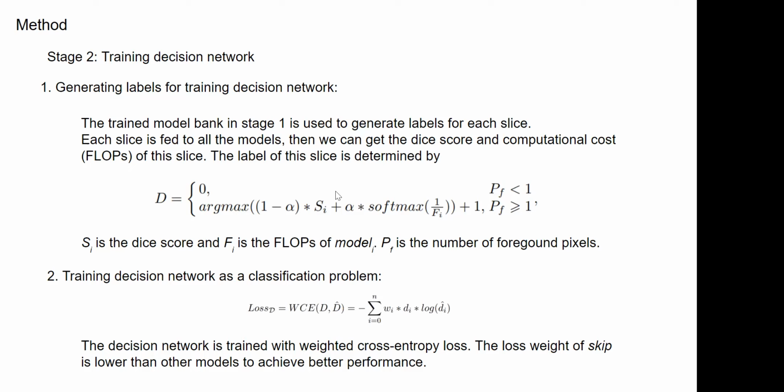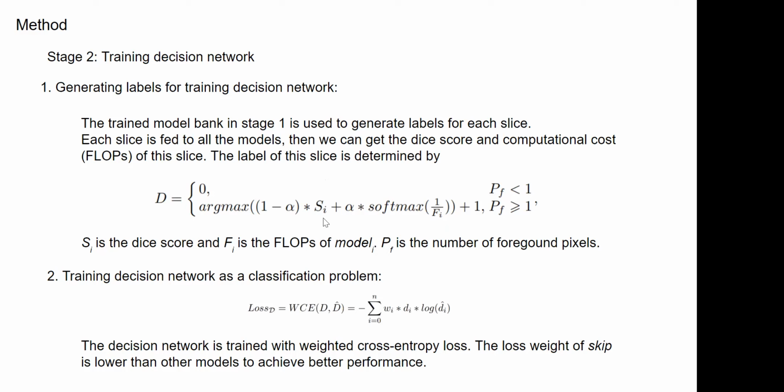The intuition is that for a given slice, we want to choose the model that has a high dice score, that is the S here, and a low computational cost, that is the F here. So basically we want the ground truth to be the model with a high dice score but low computational cost.